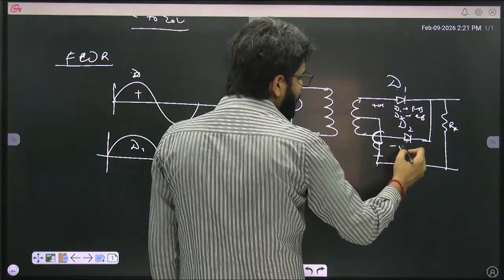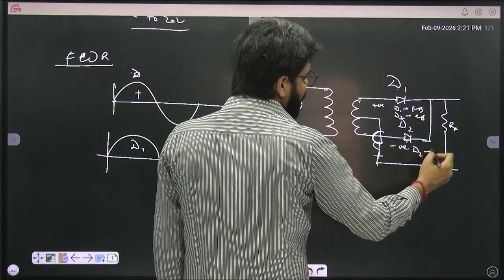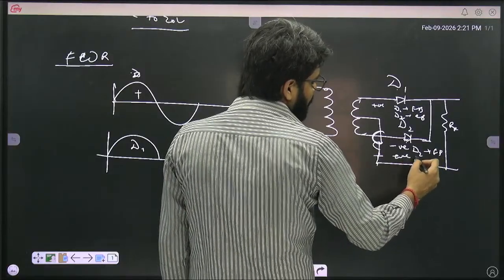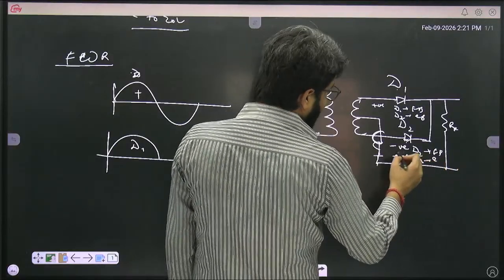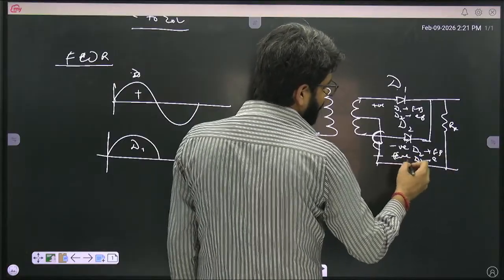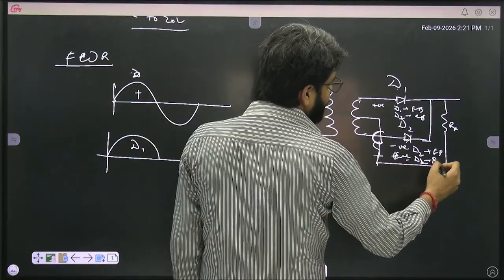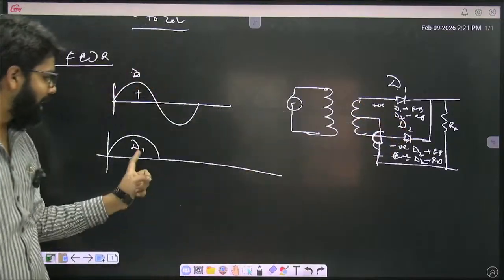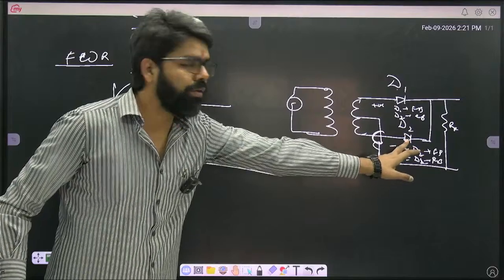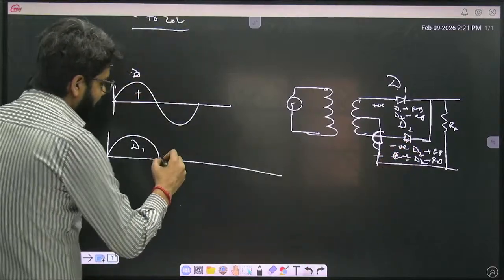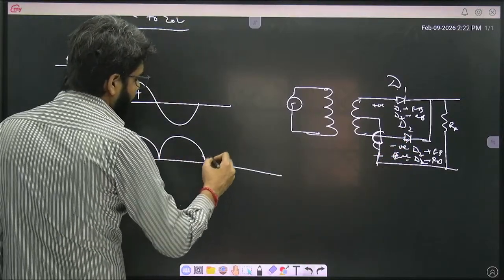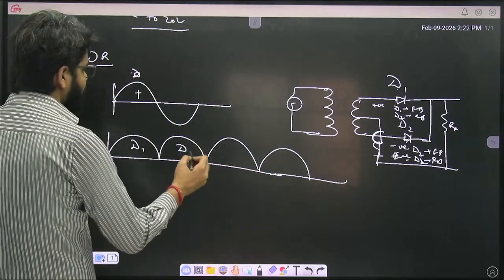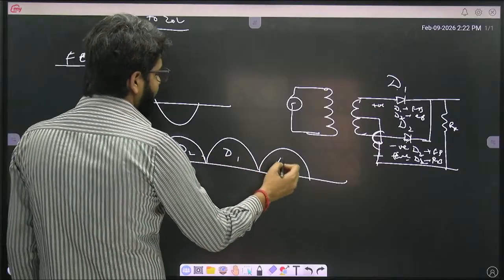For the negative cycle, D2 is FB and D1 is RB. So in the positive cycle, this diode would conduct, and in the negative cycle, this diode would conduct. This is how they will give you all the current. So all the AC will be converted into DC. So this is D1, this is D2, this is again D1, this is again D2.